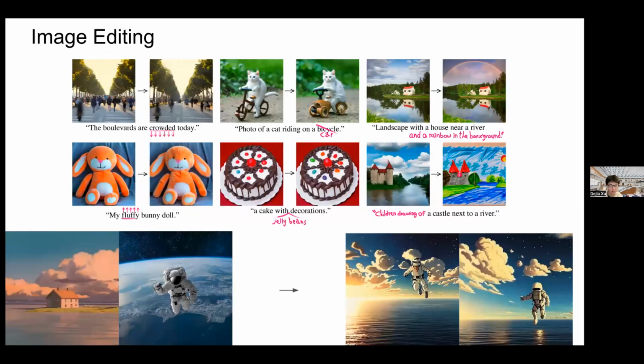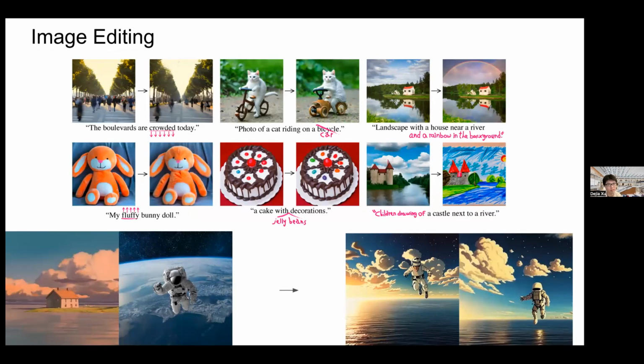Next, I'd like to introduce some image editing applications. So you can see that since we are using text-to-image models to generate those images, the images are aligned, are associated with text. So we can use our text to do text-driven image editing.